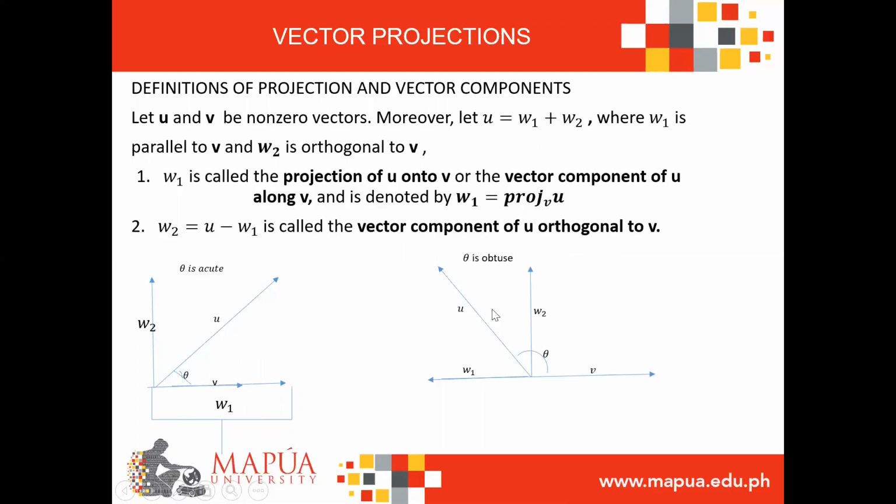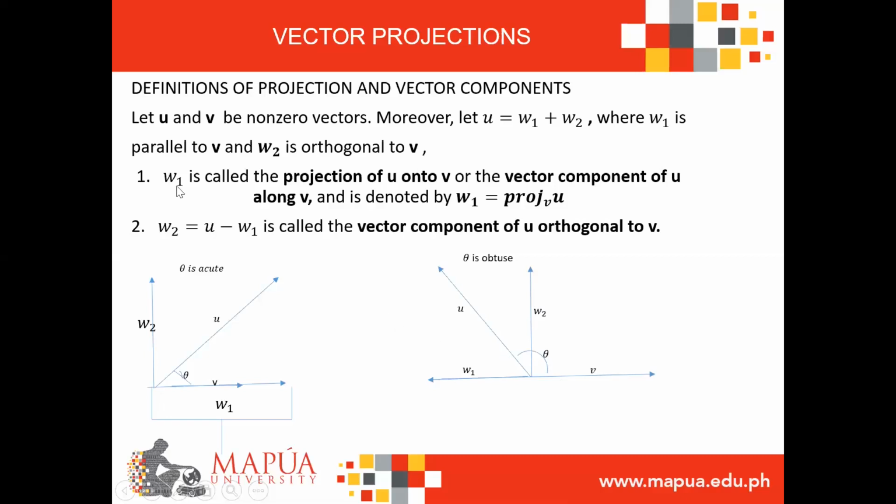We can also see from here that when angle theta is obtuse, we have the two vectors u and v having this angle theta, and w1 is drawn on the opposite of vector v, but still w2 is perpendicular or orthogonal to vector v.